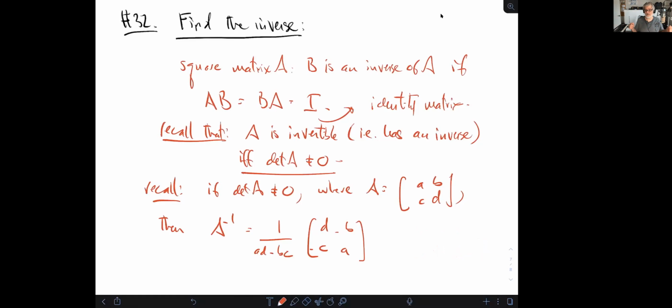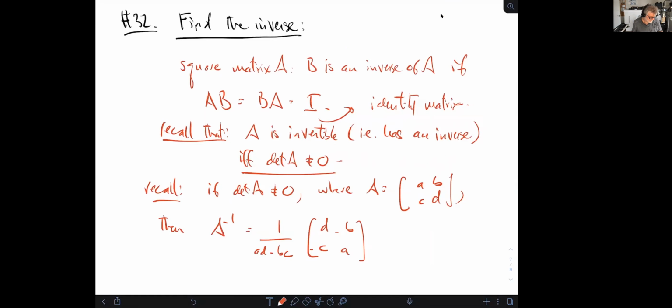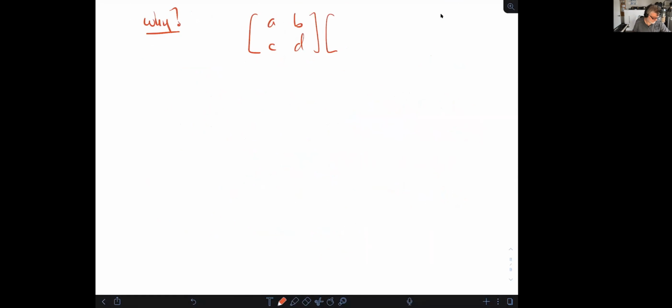Okay, how did I figure it out? I know I need to multiply these two things to get the identity. So let's just go through this again. I'll stay in red because it's theory. I'm not solving the problem here. So if I multiply A, B, C, D times this, let's see what we get.